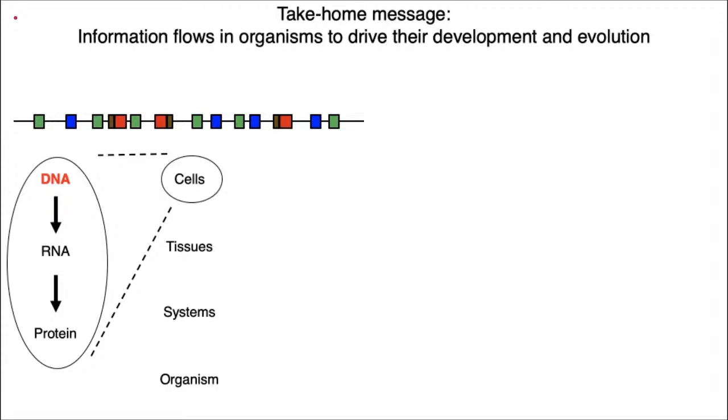Okay, but what I wanted to leave as a take-home message for you is, as an overview, that information flows from DNA to allow development and evolution of organisms. We have all these transcription and translation processes happening in the cells, and the initial transcription is controlled by a very complex combination of elements in the DNA that we are starting to understand now.